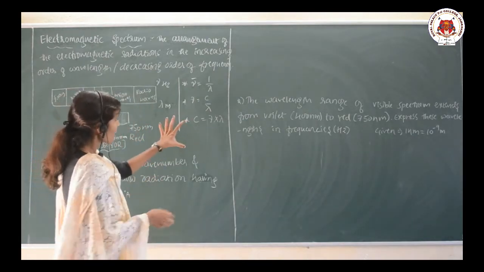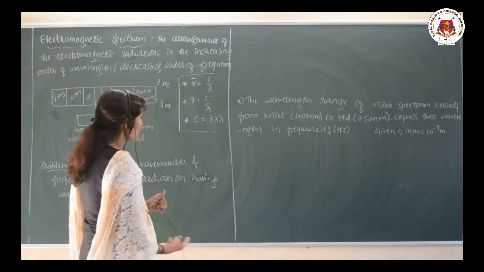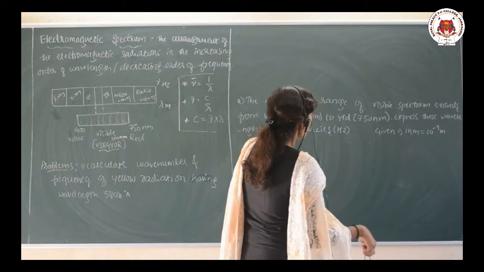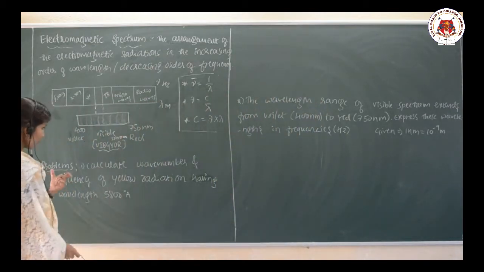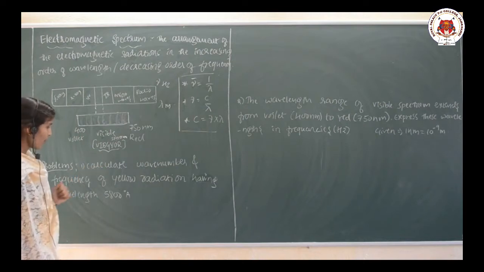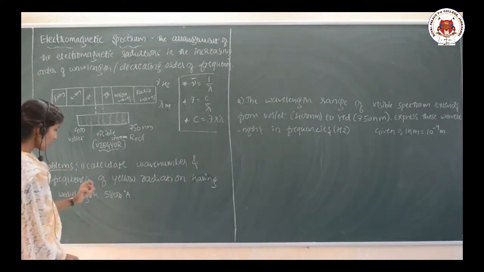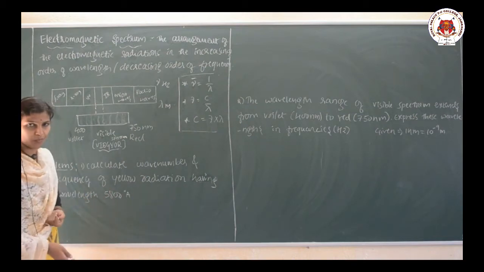These are the three formulae which you need to remember in order to solve all these problems. Here there is one problem, let us go for this one. Calculate the wave number and frequency of the yellow radiation having the wavelength 5800 angstrom.